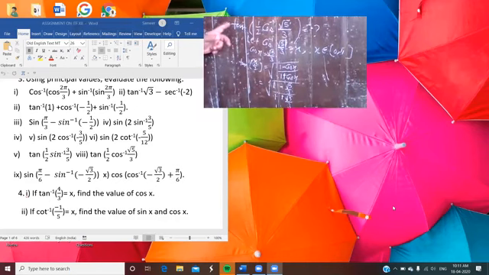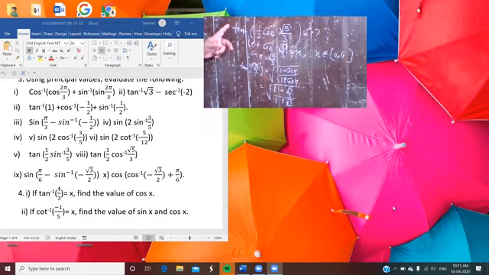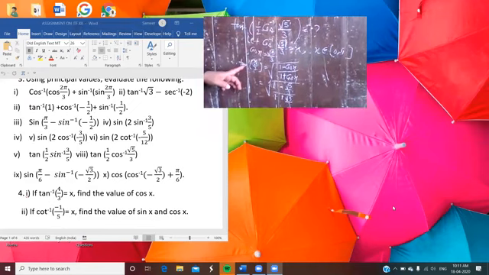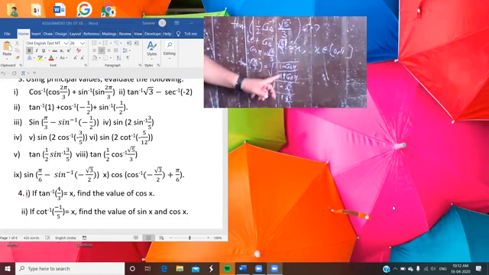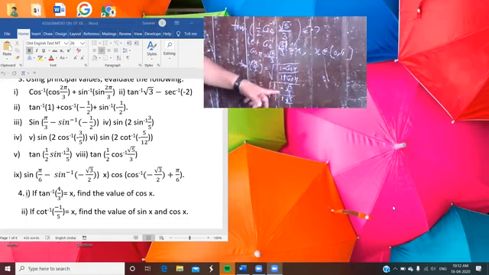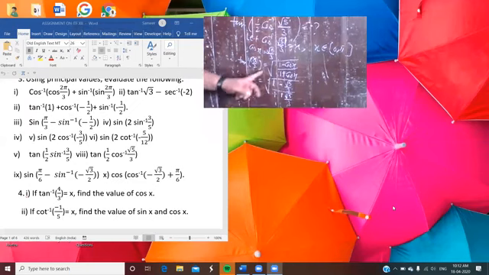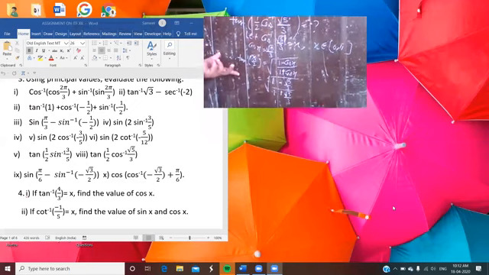So if you put the value of cos inverse root 5 by 3, it becomes tan x by 2. Is it clear? Yes, sir. Okay, so tan x by 2, now applying the identity under root 1 minus cos x upon 1 plus cos x. By putting the value of cos x and simplifying it, you will have your answer.